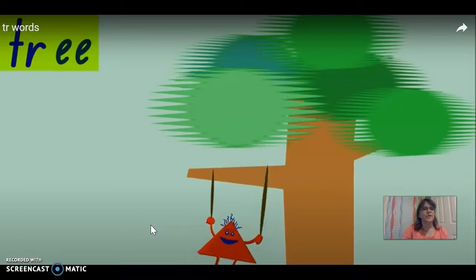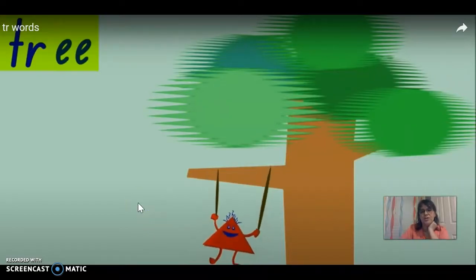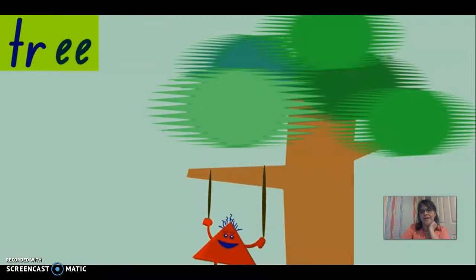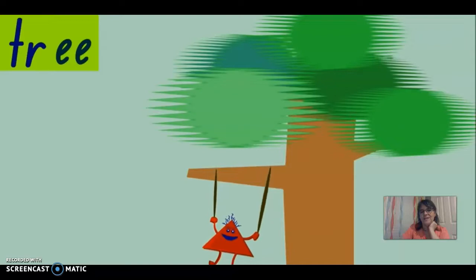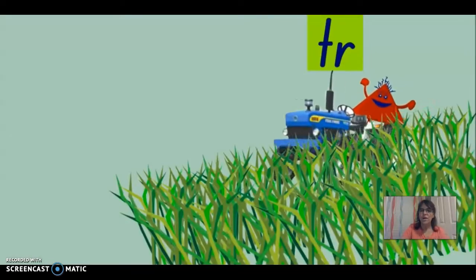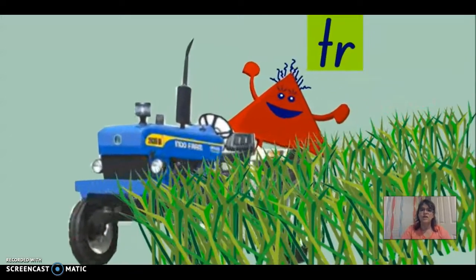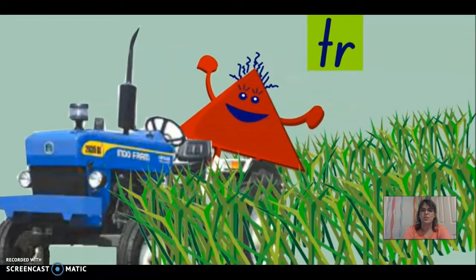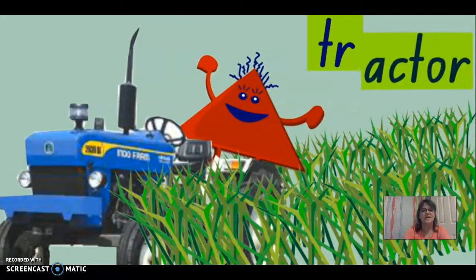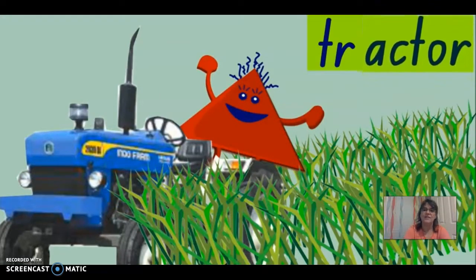Okay, so there's the word tree. The triangle is in the tree. Tree. Can you say that? Tree. Can you say the triangle is in the tree? The triangle is in the tree. Ooh, what do we have here that begins with a TR? Tractor. That's right, tractor. Now the triangle is on the tractor. Can you say that?